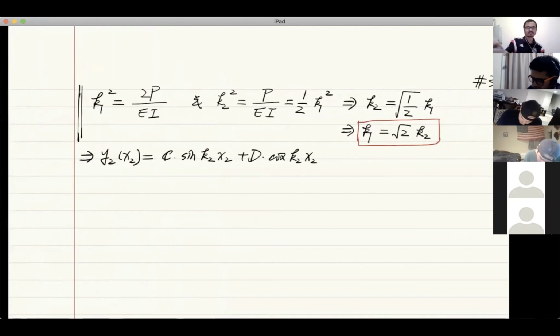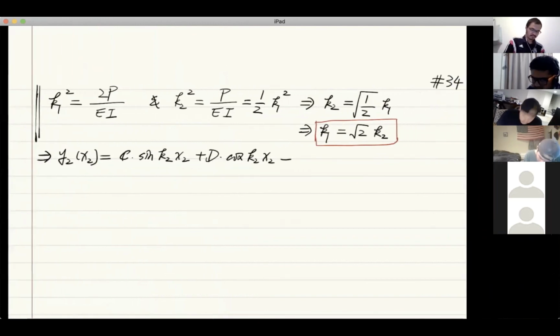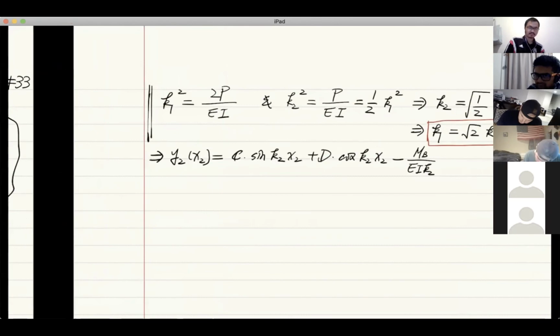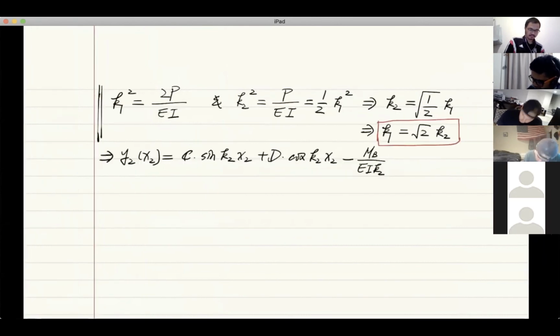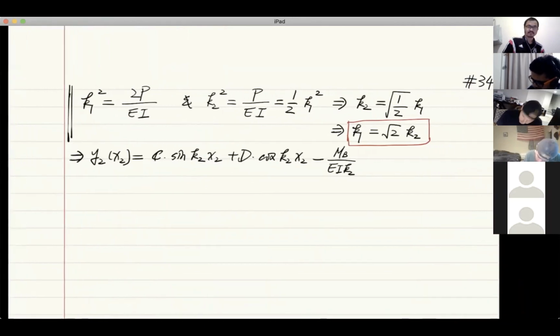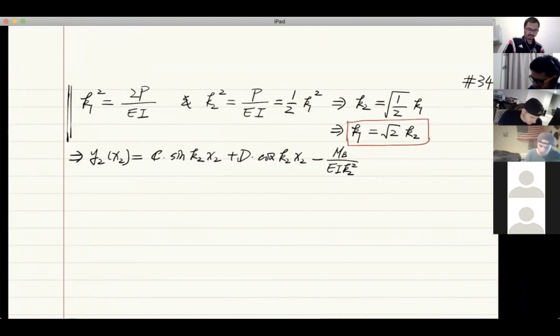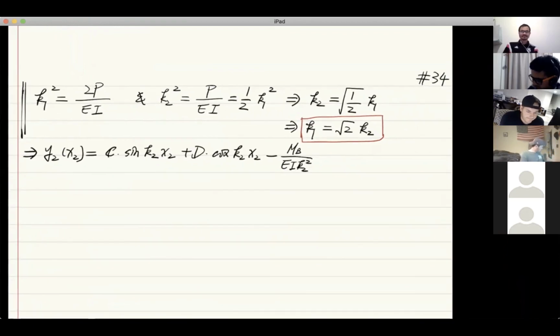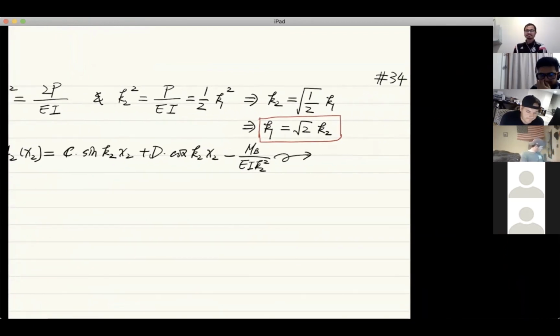Right? And the same thing, you can write it this way, MB over EI over K2 squared, or you can also write it the other way, which is MB over P. And personally, I prefer to write MB over P, because that's easier. So this, of course, the whole thing equals MB over P.